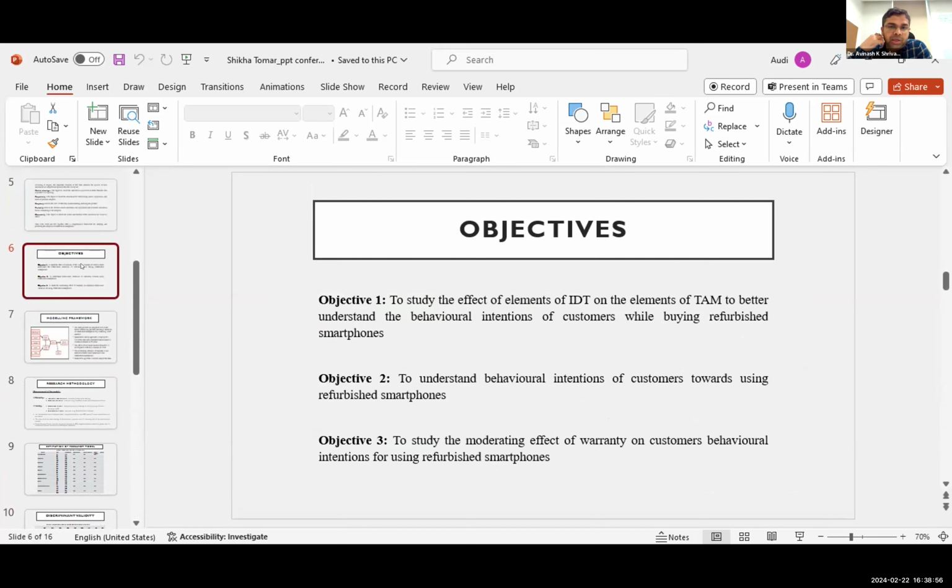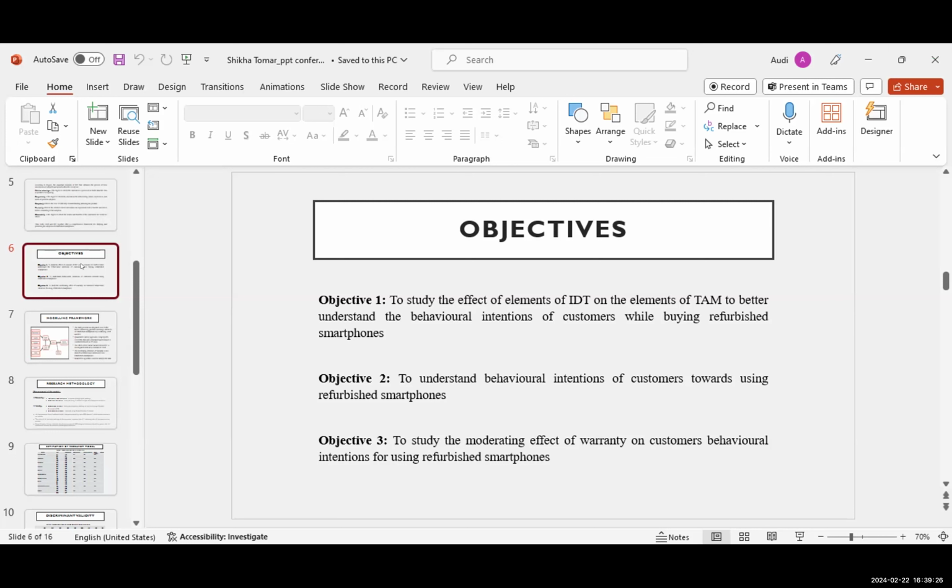Objective number 1 is about buying, and objective number 2 is about using. How do you differentiate these two with respect to your research questions? Because I believe you must have made research questions to accomplish your objectives 1, 2, and 3. So how do you differentiate objectives 1 and 2?